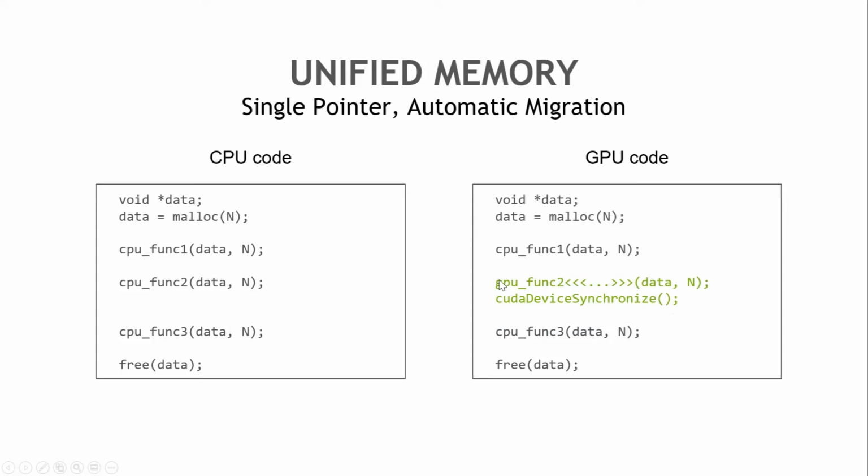The only thing that you needed to do, at least at first as one of the drawbacks, was to think about synchronizing the data after the GPU call, because it was not automatic to move the data back to the CPU. Sometimes we had some strange behavior.